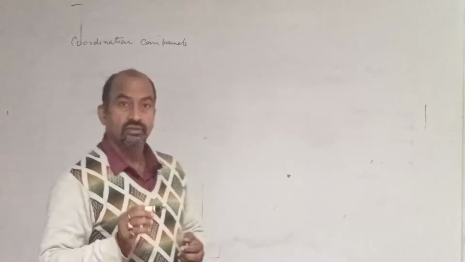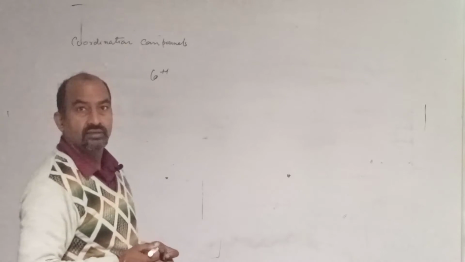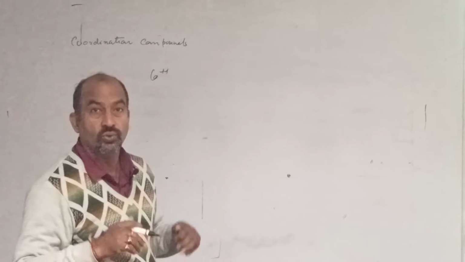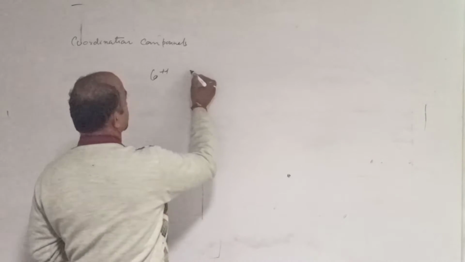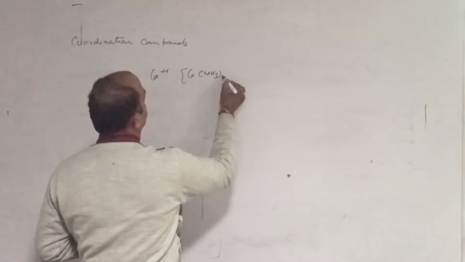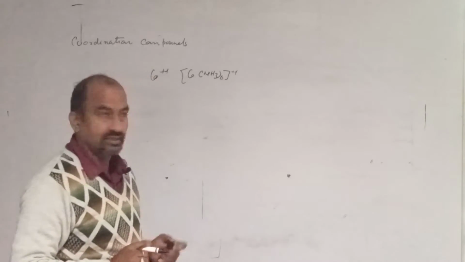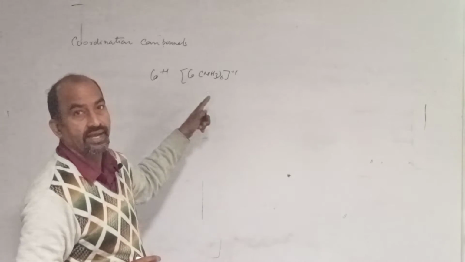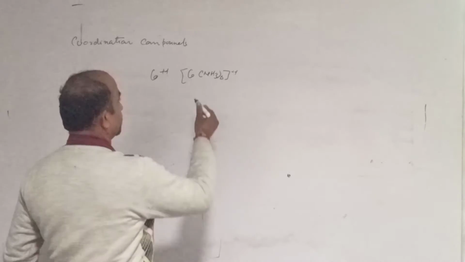Such as cobalt has a normal valency, but in case of complex formation it shows more than this. It shows 6. That's why this is 6 valency. These 6 ligands are attached with cobalt. That's why it is a complex.